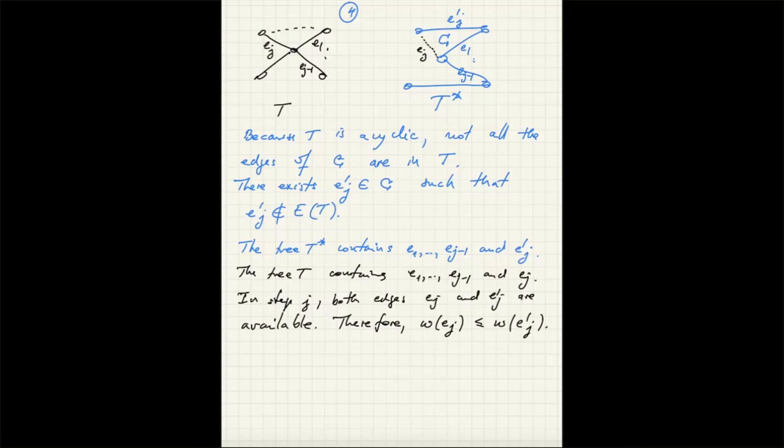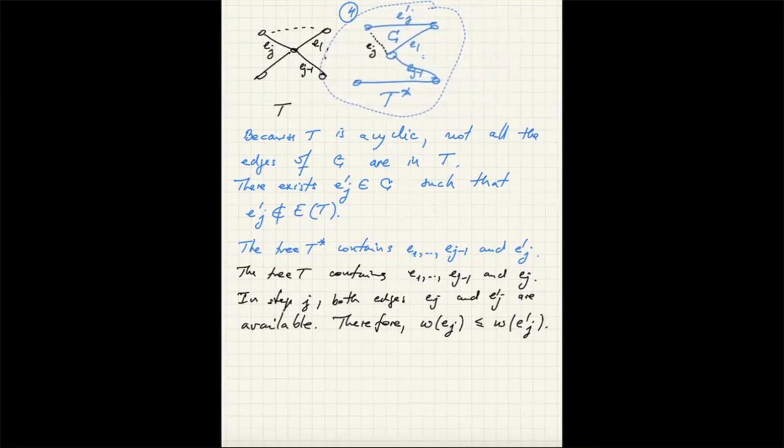Now, what we do is we look at this tree, T star, and we make another tree out of it. Let me see if I can do something here. Lasso this, move it a bit this way. Oh, brilliant. Okay. And now let's make another tree here, in a different color.